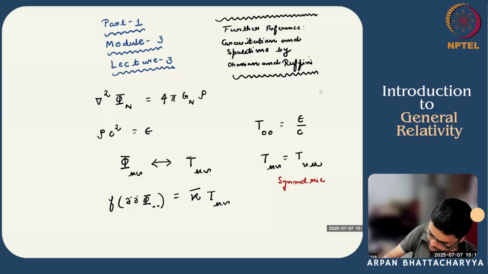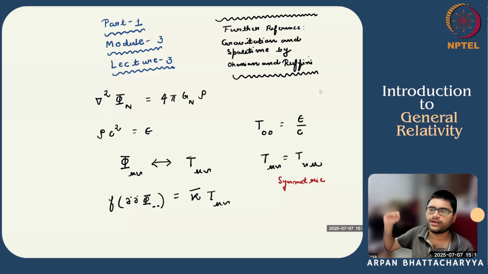So now remember that in this case, each of these derivatives will bring one Lorentz index, and capital phi will have two Lorentz indices. But this side cannot have more than two free Lorentz indices, because the right hand side has T mu nu, which has only two free Lorentz indices. So out of these four Lorentz indices, we have to pick two and contract them so that the remaining two will be free.